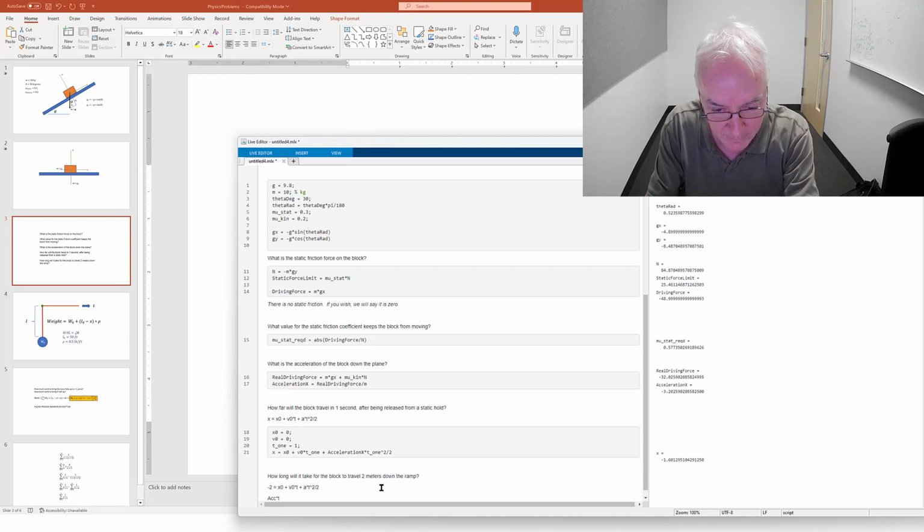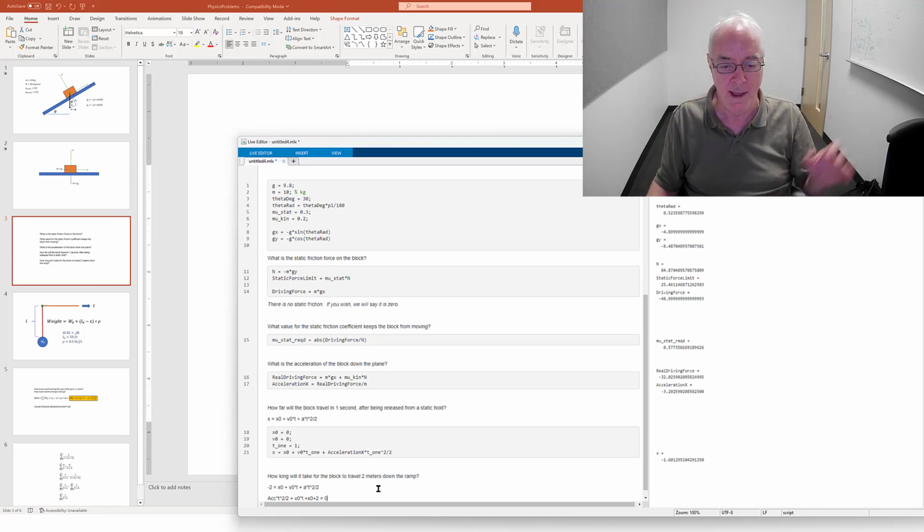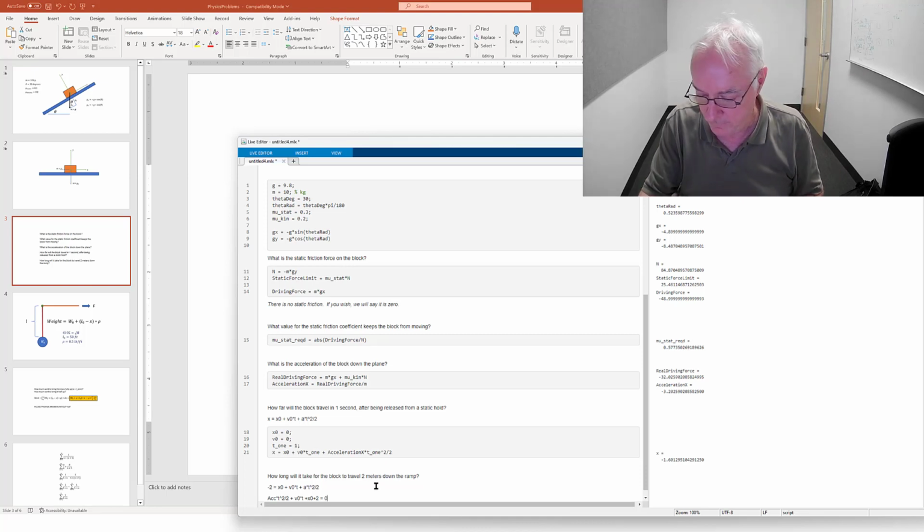So ACC times t squared divided by 2, plus v0 times t, plus x0, and then we'll add 2 to both sides, so we get plus 2, and everything is equal to 0. So we have that format, and it's getting pretty close.